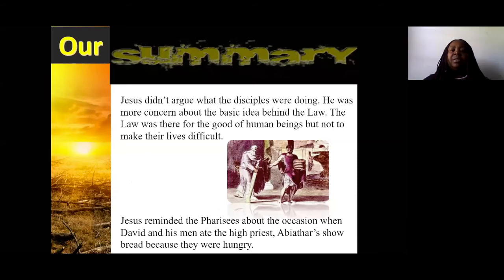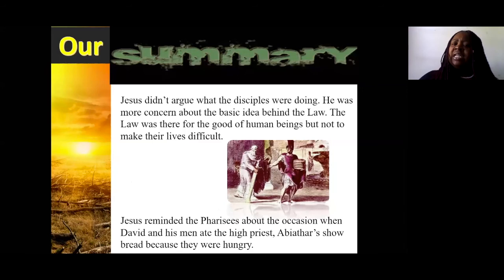And so Jesus had to use that illustration to let the Pharisees know that what the disciples were doing in the cornfield that day was needful.